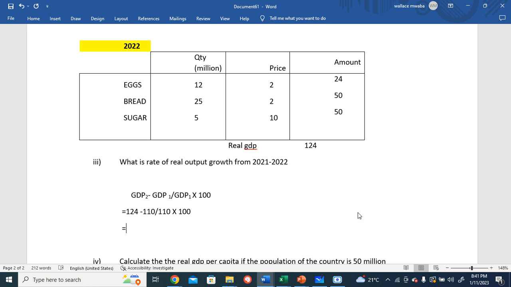So you're going to say 124 minus 110 divided by 110 times 100. You are going to get 12.73 percent. So what this is telling us is our GDP has grown by 12.73% from 2021 to 2022. That's the growth of our GDP.